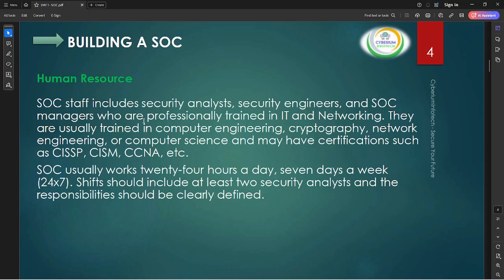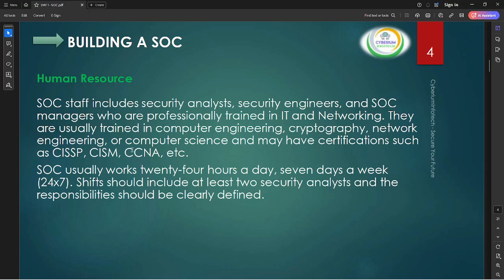A shift should include at least 2 security analysts, and the responsibilities should be clearly defined. So you can have 2 security analysts on 12-hour shifts, or 3 security analysts on 8-hour shifts, or 4 security analysts on 6-hour shifts. It depends on the organization and on you.